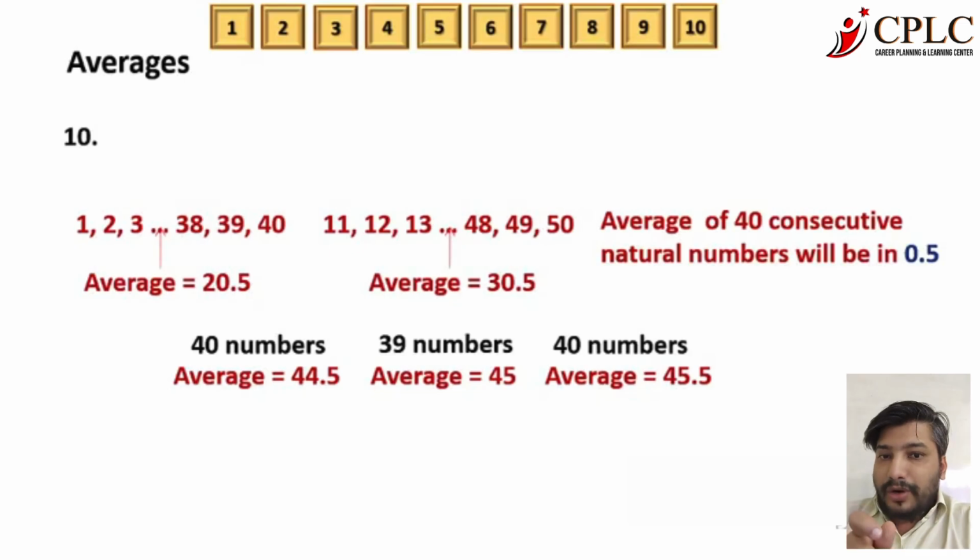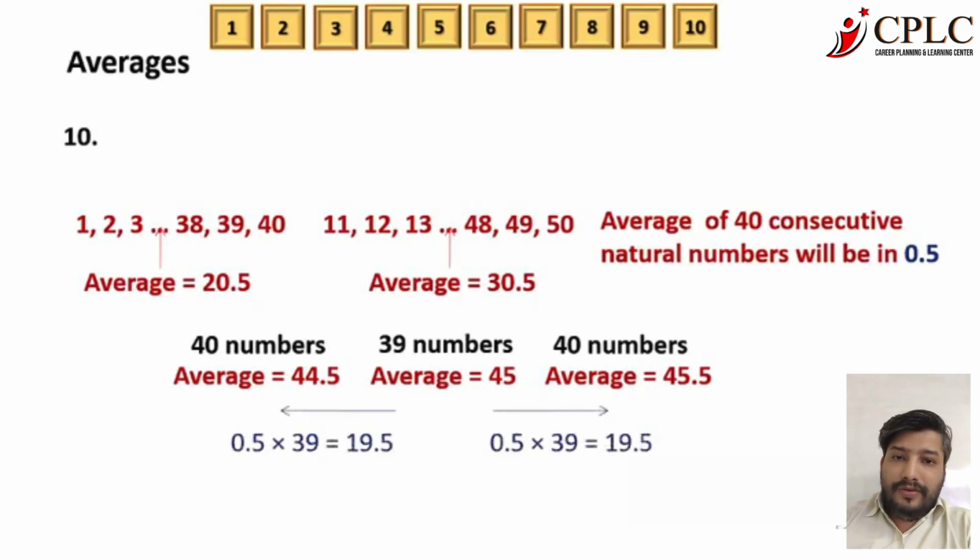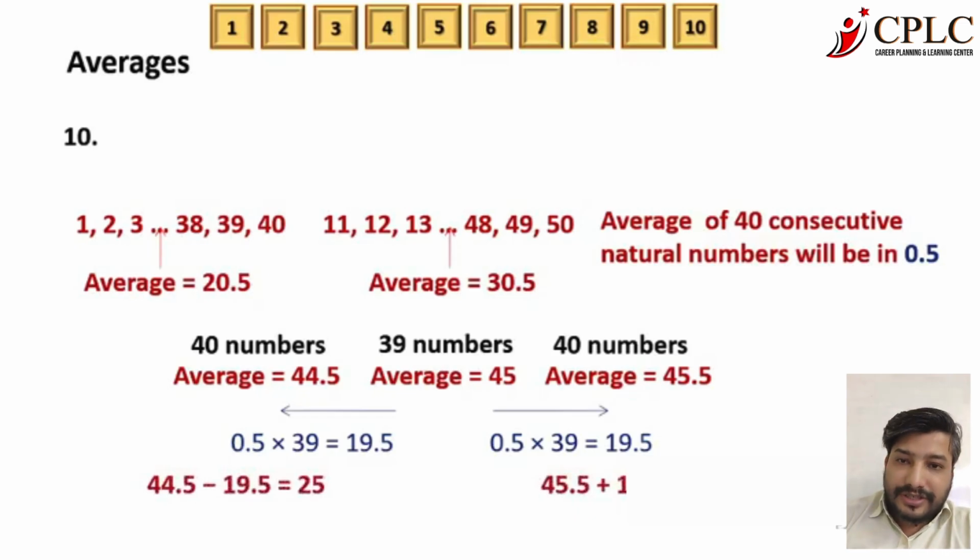So the deviation is 0.5 and that deviation is happening for the remaining 39 numbers because of that one number that we are erasing. So 39 should be multiplied with 0.5, because a 0.5 deviation is happening for all the 39 numbers. So that gives us 19.5. So the number is either 19.5 less or 19.5 more than whatever the average is.